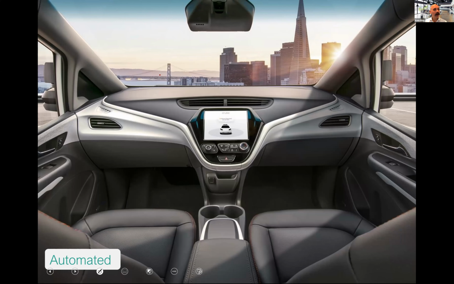But we've got a long, long way to go before we get to level 5 autonomy, which would be a vehicle that can go anywhere. Level 4 autonomy would be a vehicle geo-fenced to some specific roads or areas. And you might have seen a level 4 pottering up and down the waterfront or something as a demonstration. But we are so far from actually being able to do this.